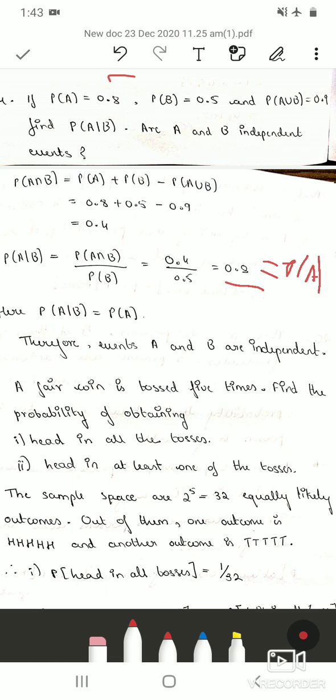Also you can see this is probability of event A and in the denominator we have probability of B. So this is probability of event A. So when you cross multiply, we got probability of A into probability of B, which is probability of A intersection B. So we can say event A and B are independent.